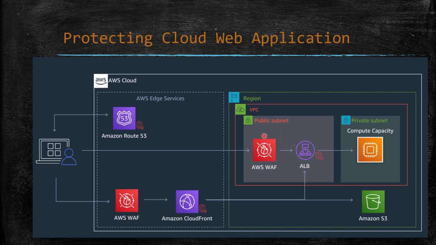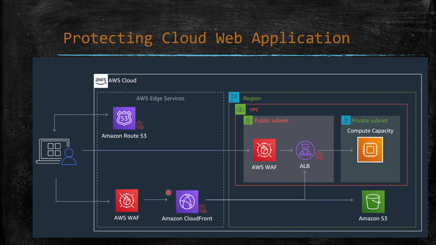AWS WAF has the regional service, which means that if I'm hosting my services in the Mumbai region, I can use AWS WAF in the Mumbai region and protect my ALB. So it gives you the regional service, and it also has the edge service.